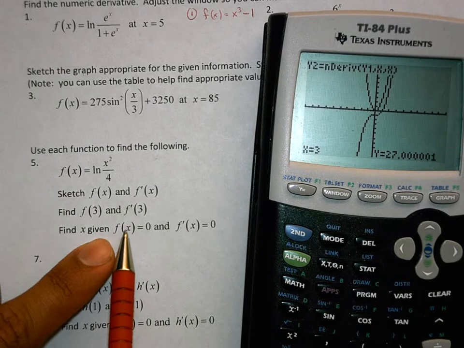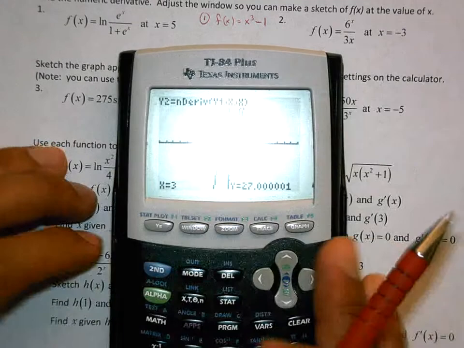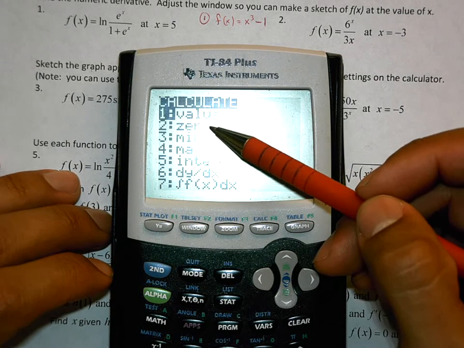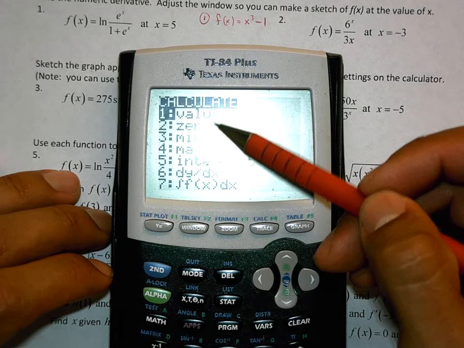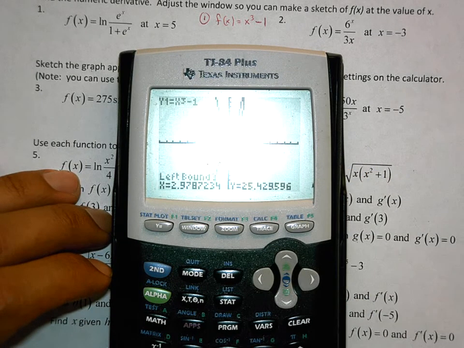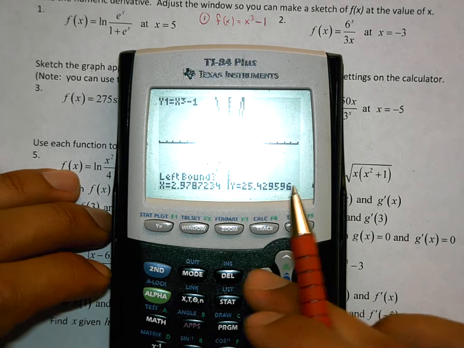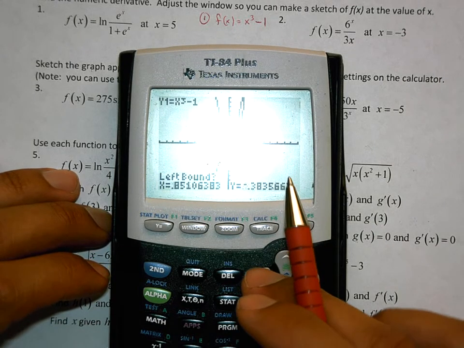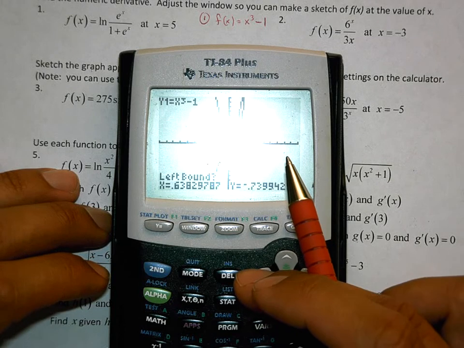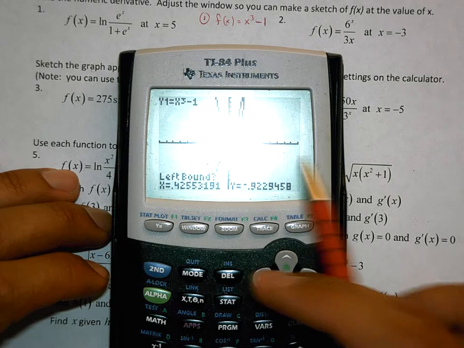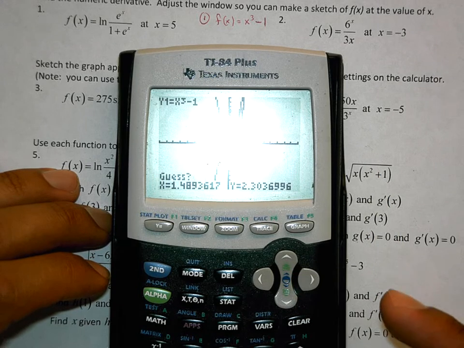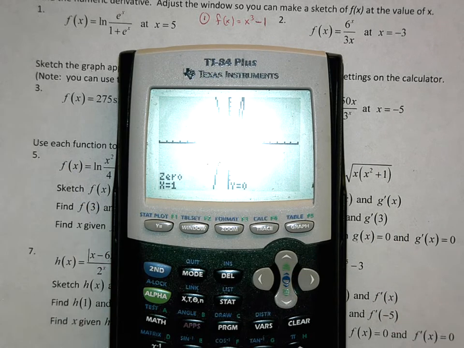If I want to find where the equation is equal to 0, all we do is calculate the 0 instead of the value, number 2. And so if I want to find a 0, we have to have a left bound and a right bound and guess where the 0 is.